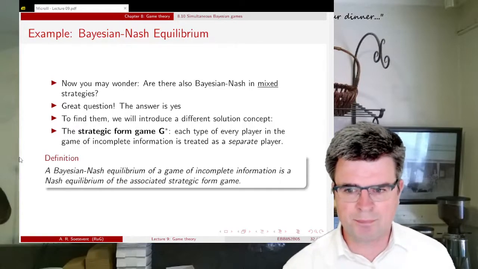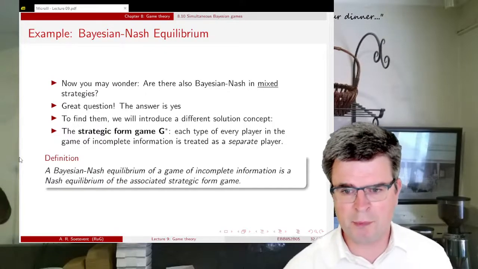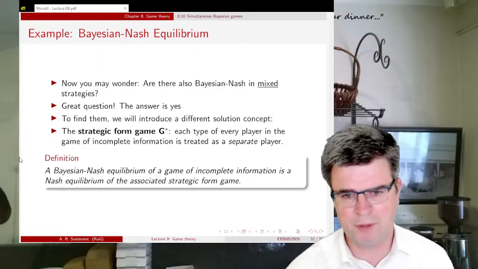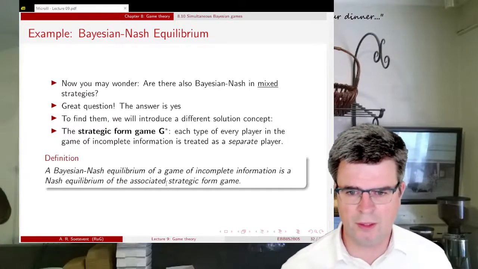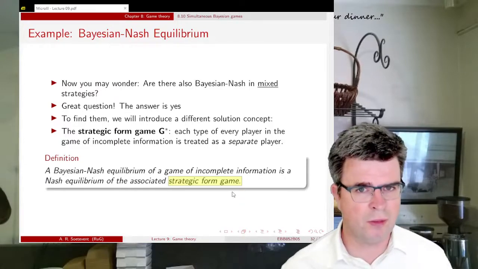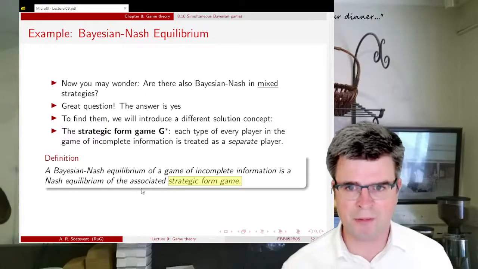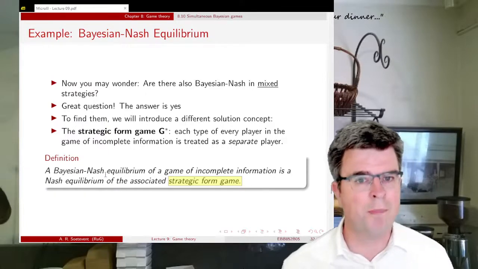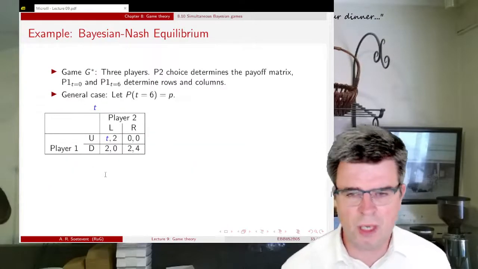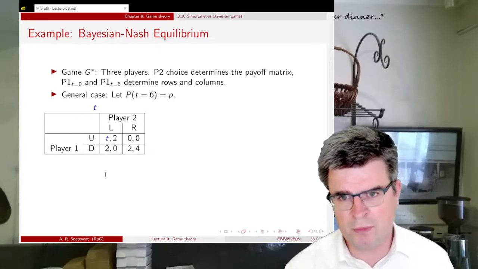And a Bayesian Nash equilibrium of a game of incomplete information is a Nash equilibrium of the associated strategic form game. So notice that we here fitted the concept of strategic form games into our definition of a Bayesian Nash equilibrium, because now we consider Bayesian Nash equilibria in mixed strategies. So how does it work? We continue with our example that we just considered.